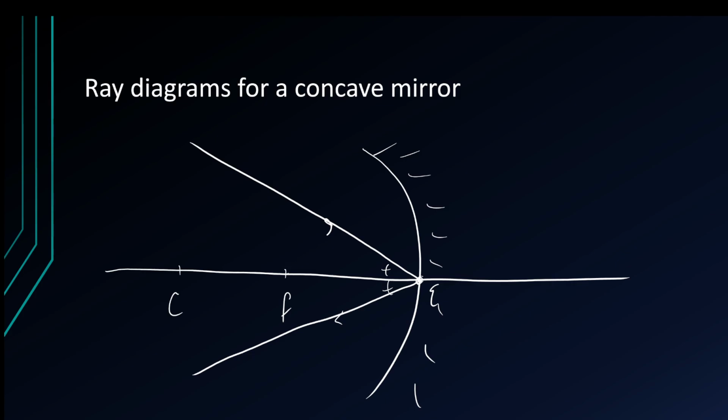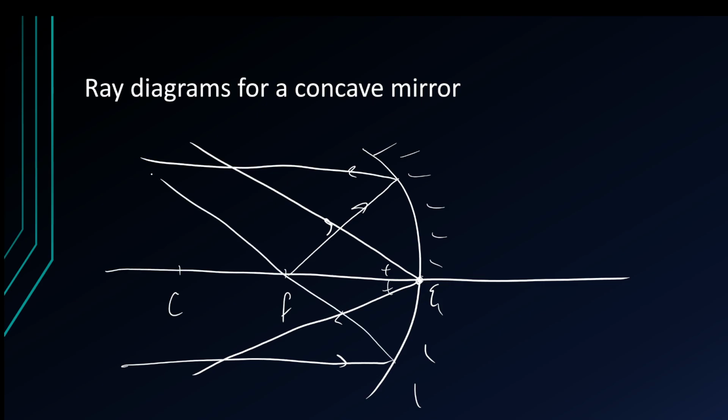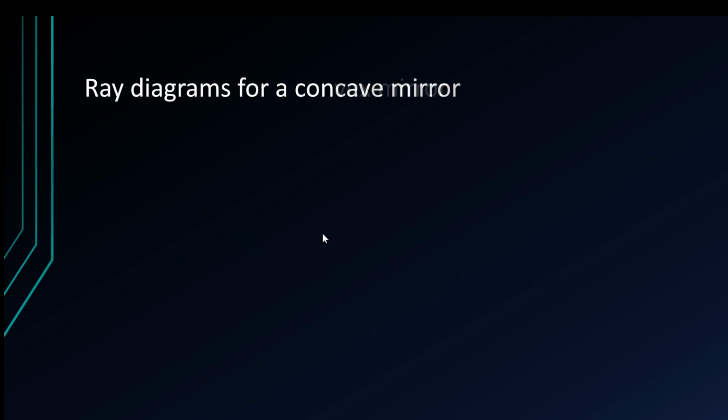If it goes through the focal length, it comes out parallel. And if it goes in parallel, it goes right through the focal length. So those are handy ones if you want to draw ray diagrams. You can figure out what happens if a light ray goes through the center of curvature. It is a bit of an interesting one.